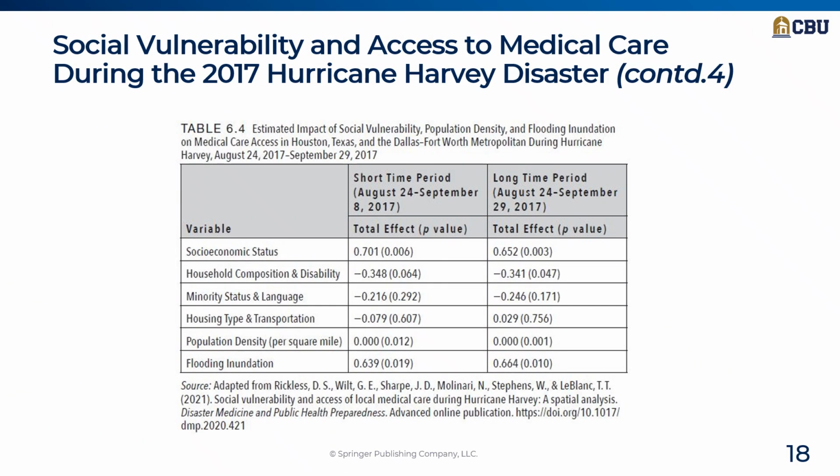And this table here visually illustrates that strong relationship between socioeconomic status and medical care access, as well as the flooding issues in the row at the bottom.